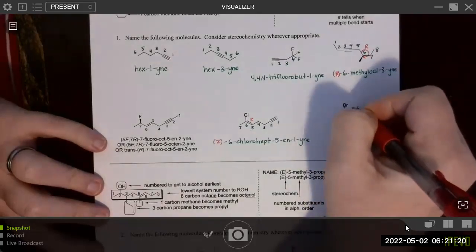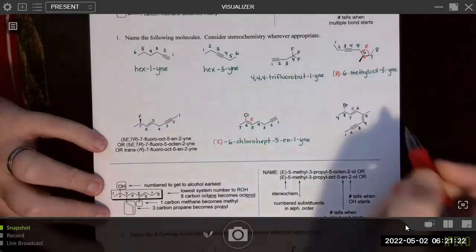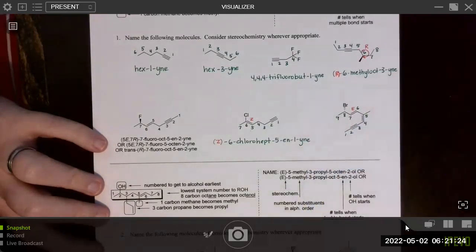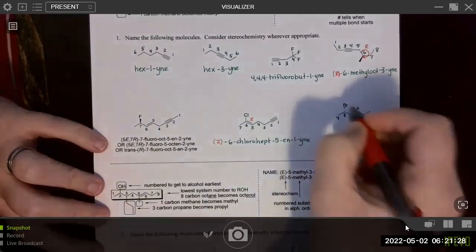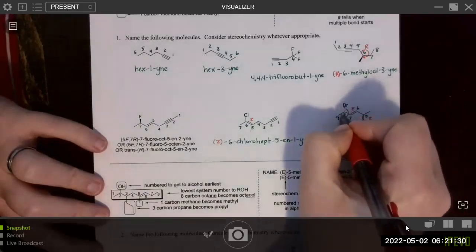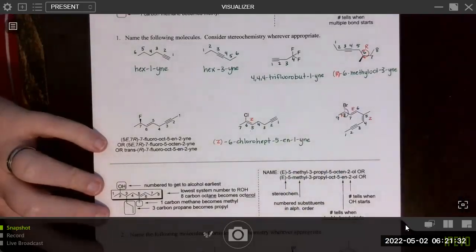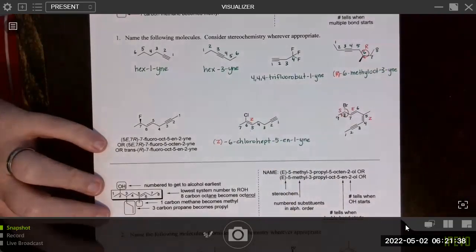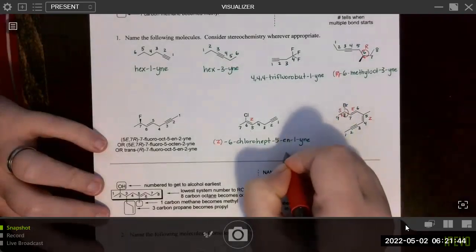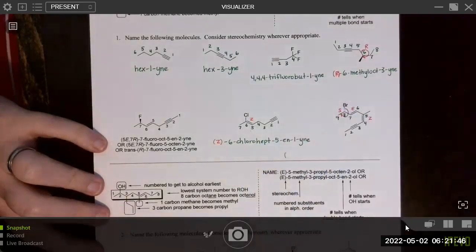This one is E. And then this one is priority here and there, so this would be E. And then the chiral center, which is going to be 1, 2, 3, but the hydrogen is pointing out at us, so this is S. We have a lot going on there, but we can just put that all in the front of the name. Start with, and just do number order, right?